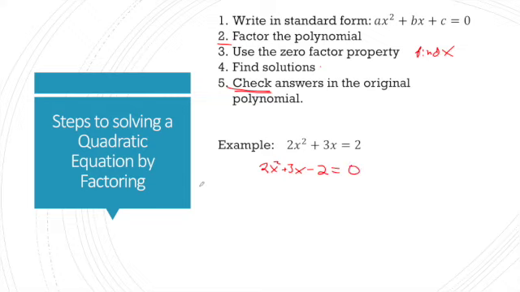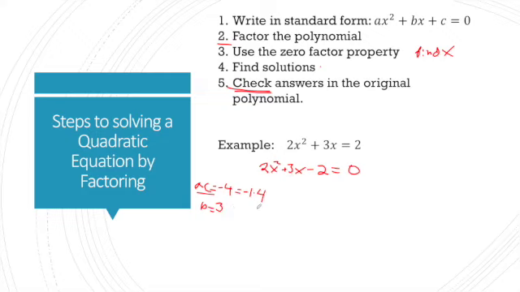Now I can factor by finding the factors of AC that add up to B. AC is negative 4 because A is 2, C is negative 2. B is 3. So some factors of negative 4 that add up to 3 could be negative 1 times positive 4. Negative 1 plus positive 4 add up to 3.